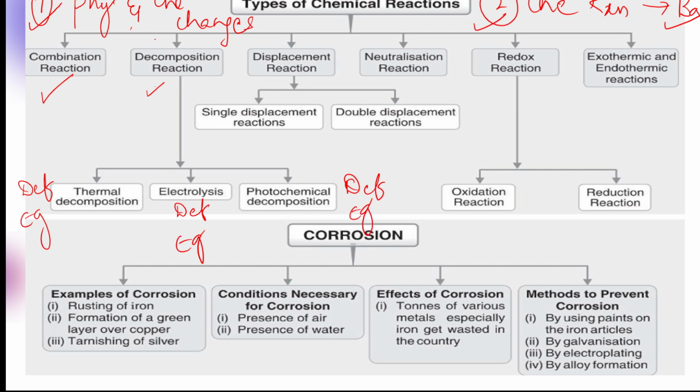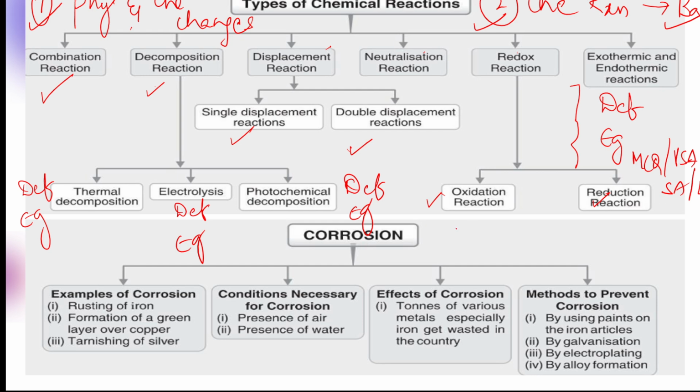Like that for everything: decomposition reaction types, displacement reaction types, neutralization reaction, redox reaction where oxidation and reduction, exothermic and endothermic. For everything we are studying, we are going to study the definition, the examples, and the related MCQs, very short answers and long answers.